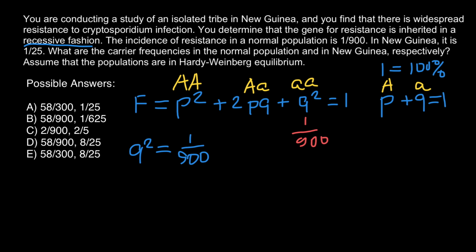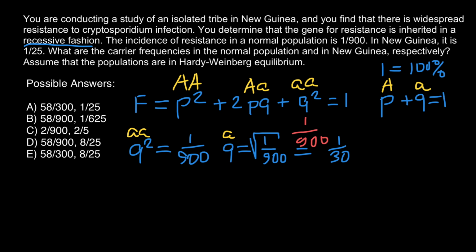Then q would equal the square root of 1 out of 900. So q would equal 1 out of 30. What we have just found, take a look: q squared stands for the homozygous recessive genotype, and q stands for the frequency of the recessive allele.